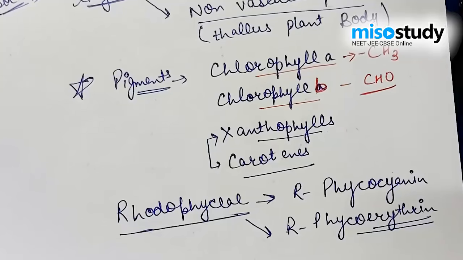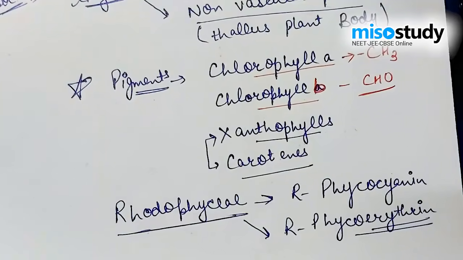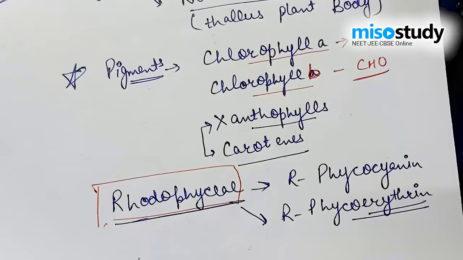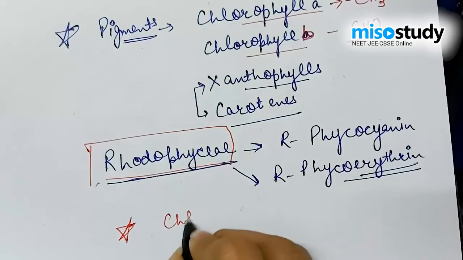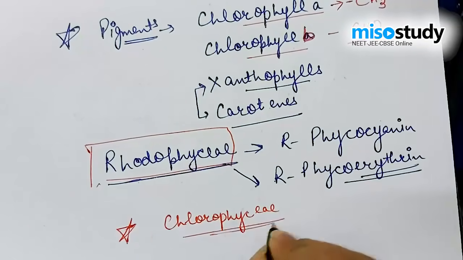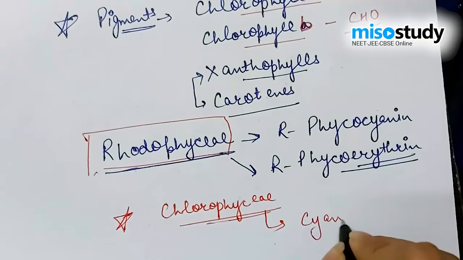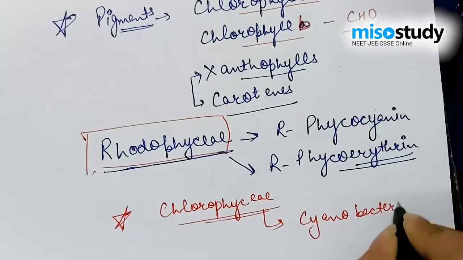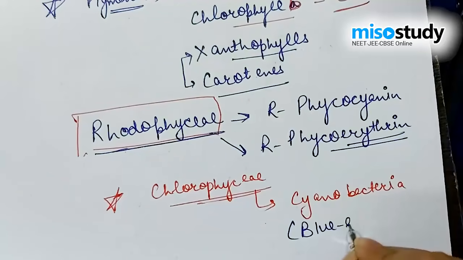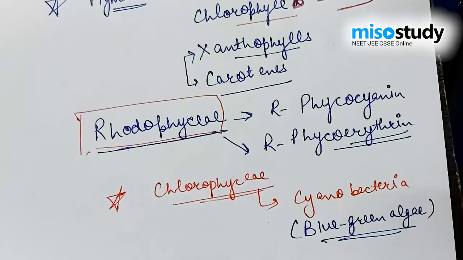Phycocyanin and phycoerythrin, these two generally provide the color in rhodophyceae. Apart from that, some other important algae are chlorophyceae, in which generally there is a categorization of cyanobacteria, also known as blue-green algae.